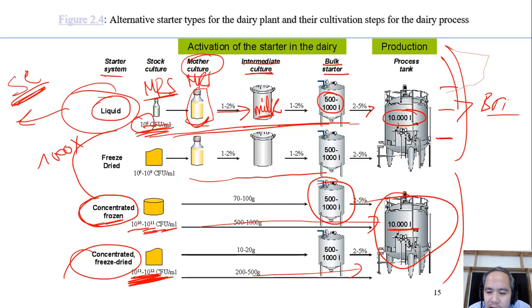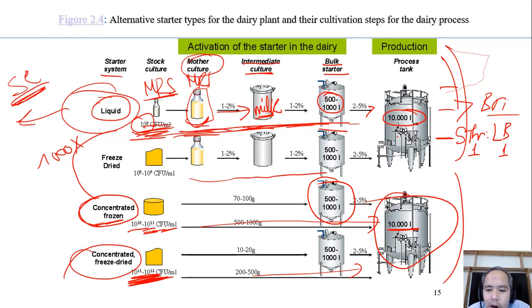And the other disadvantage is that when you grow through many steps, maybe you don't maintain very well the ratio between bacteria. For example, in making yogurt, you need Streptococcus thermophilus and Lactobacillus bulgaricus in a good ratio, 1:1. But if you grow through several steps, maybe the ratio is not maintained anymore.